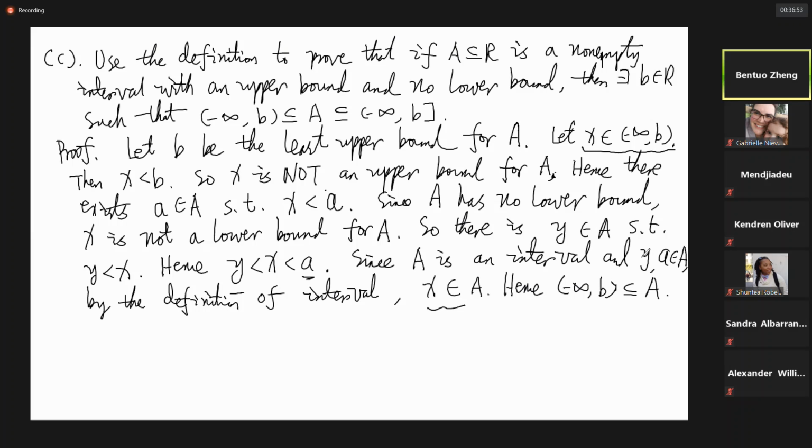So the other direction is always the easier direction because B is a least upper bound.